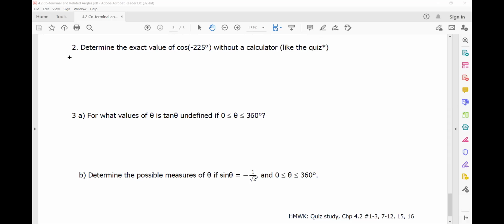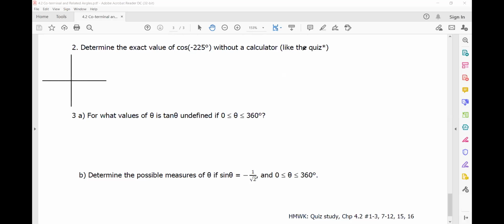And let's make some neat drawings. Some of you might make best friends with your rulers in this unit. Cosine of negative 225 means I am rotating in this particular direction. That's a 90. That's 180 in the negative direction. So I need to turn just a little more. How much more? 45 degrees more.